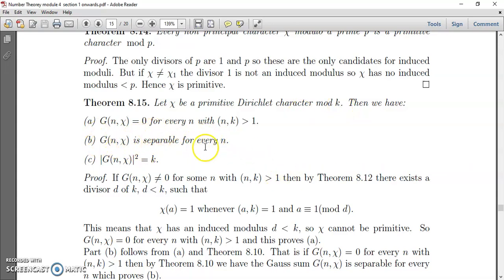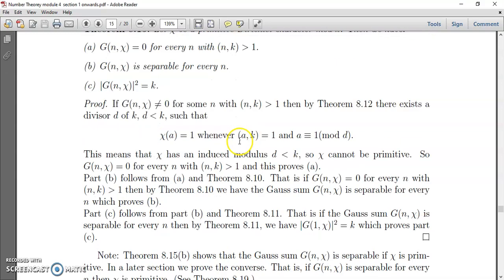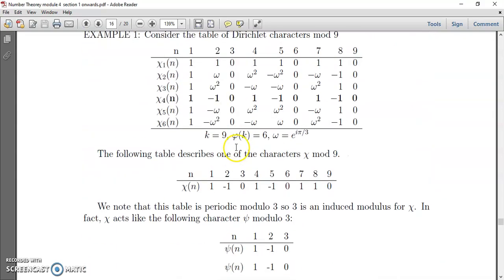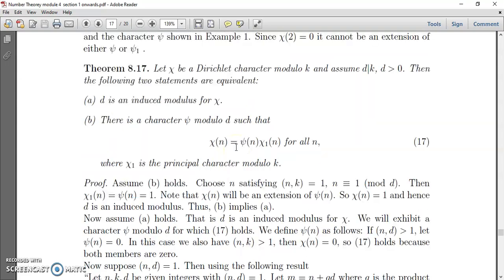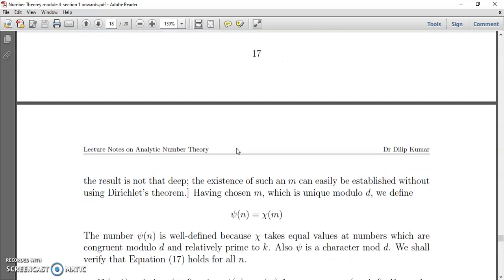This is by using the fact that g of n, chi is equal to 0 for every n with gcd of n and k greater than 1. This is the fact which we have used. Using this, we have proved that g of n, chi is separable for every n. So this part we have already proved.